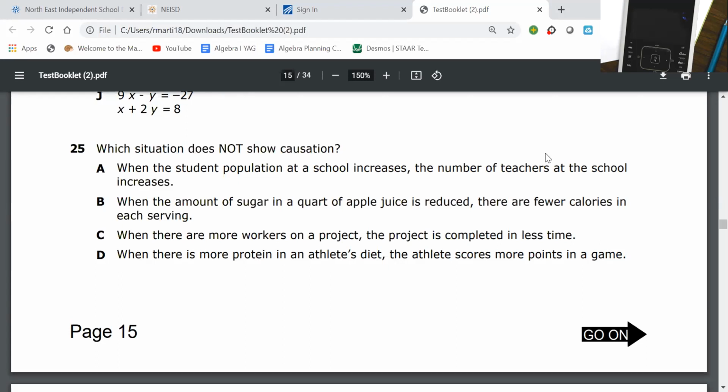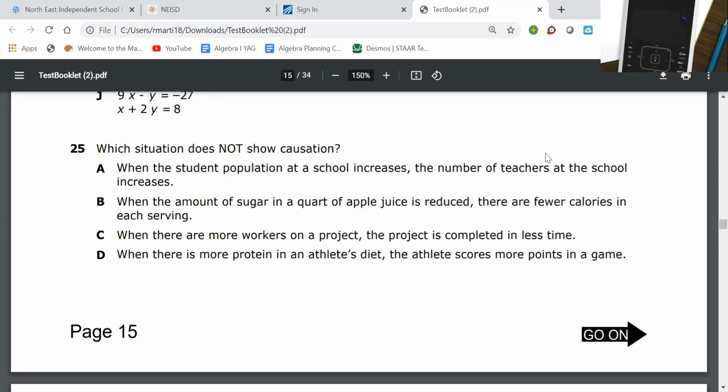Now, the one that does not show causation: when there is more protein in an athlete's diet, the athlete scores more points in a game. That is not cause. Just because you're eating more protein, it might give you a little more muscle tone or make you more athletic. Does it mean you score more points?